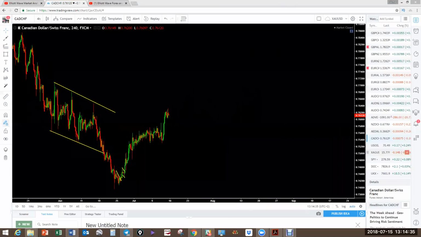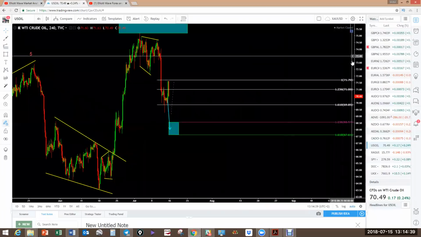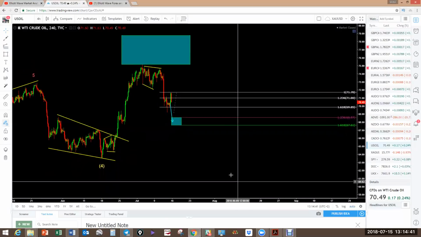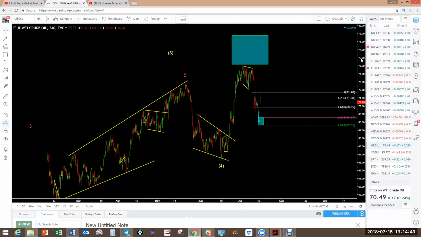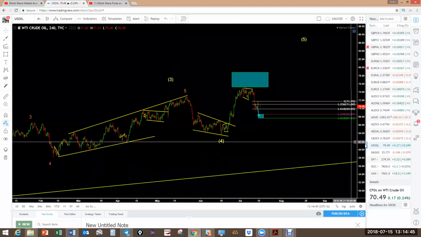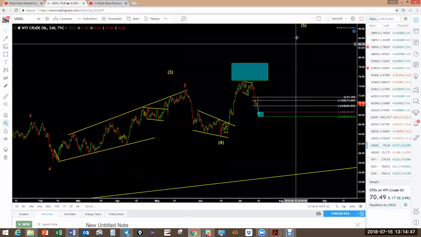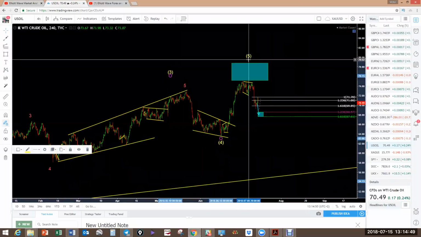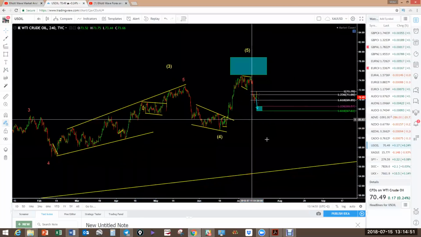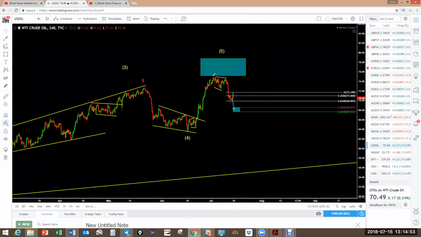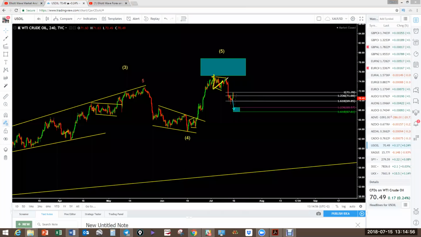Let's look at oil. It's very interesting how it is following structure. It looks like our wave 5 is in place there, and we have made 1, 2, 3, 4, and we are going to make 5 down here. That will give us an ABC.